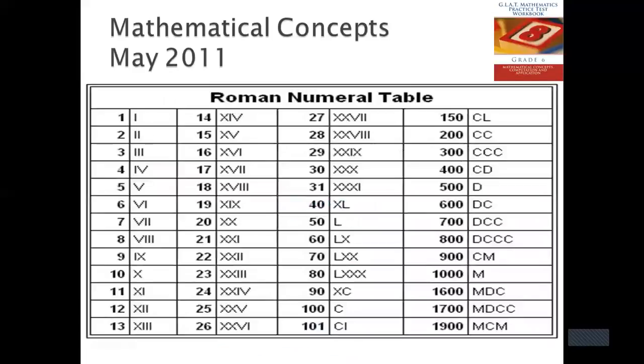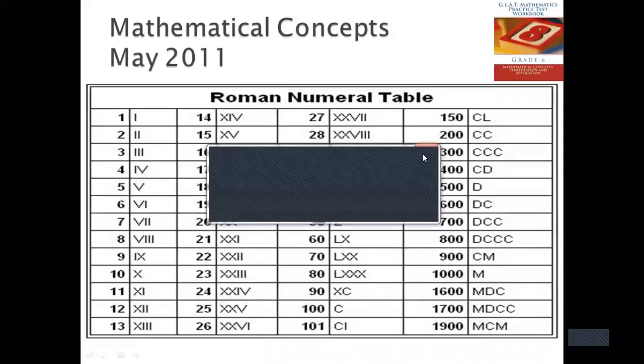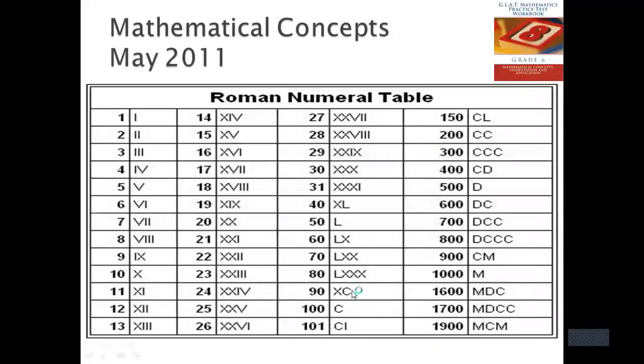XCV. Well, this table doesn't show us XCV, but we do have XC, which is 90. And then we have V, which carries a value of 5. So we have MCM, 1900, XC, which is 90, and V, which is 5.